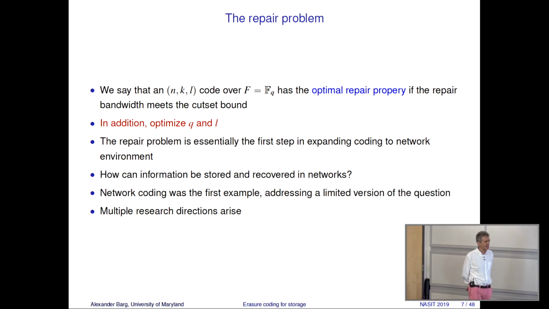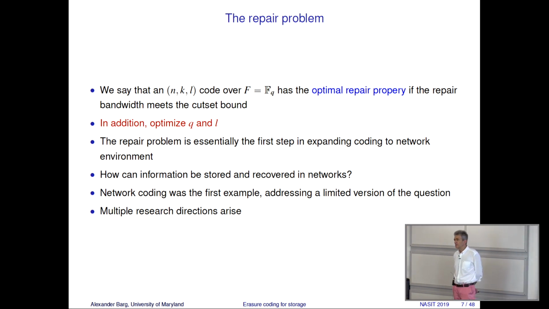Somewhat on a more general level before moving to the concrete results. The repair problem is one of the first steps of moving the coding question and the question of representing information in general to the network and to network environment. I feel that this is a timely extension of the questions that we have been considering in information theory so far.